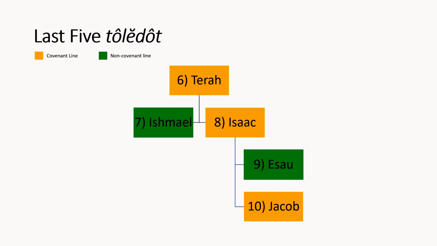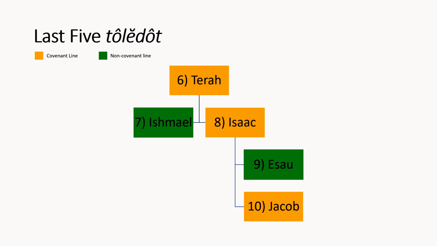So we have, these are the generations of Terah, and then afterwards we get, these are the generations of Ishmael. Now Ishmael isn't someone who receives the blessing of the covenant line. Instead it's Isaac who appears next in the Toledot formula, and then this repeats once again. So we have, these are the generations of Isaac, then after this comes, these are the generations of Esau, who is a part of the non-covenant line, and then finally, these are the generations of Jacob.